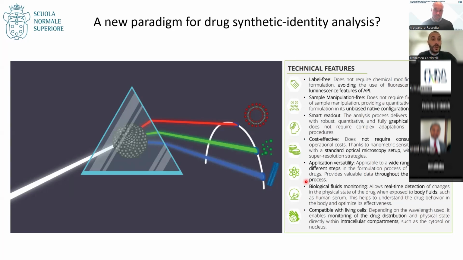And also, it started in cuvette, but why not, the intrinsic versatility of any optical setup makes us envision a bright future for this technology to move towards in vitro and why not in vivo applications.